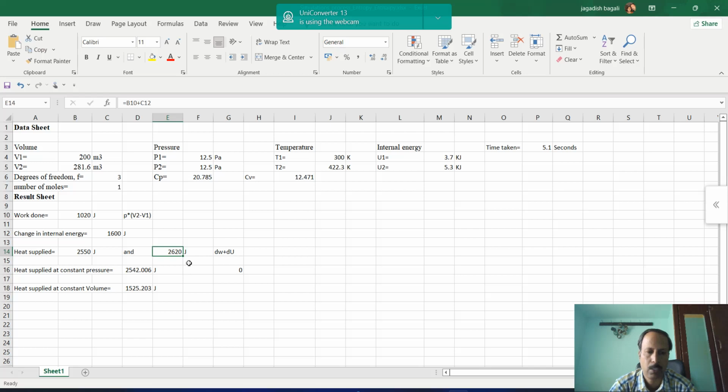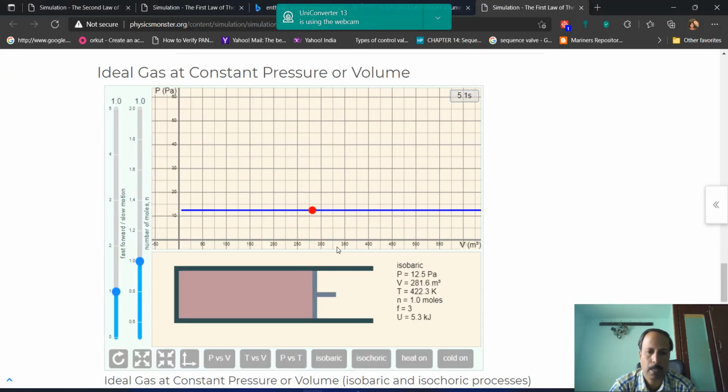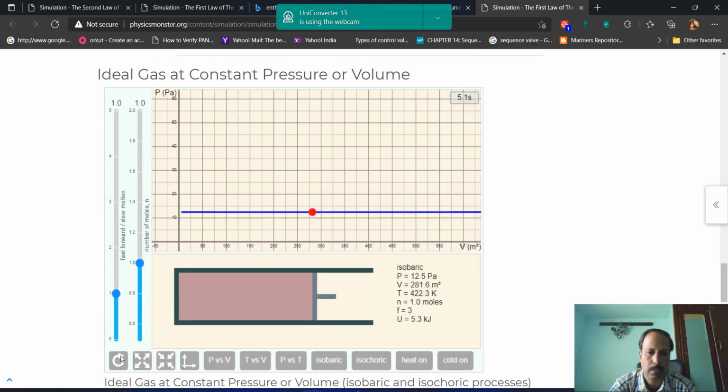To do that, once again you have to go to that simulation, click on this reset button so that it shows 0.0 seconds, and then note down these initial values. These initial values are similar. Now click on this isochoric button.